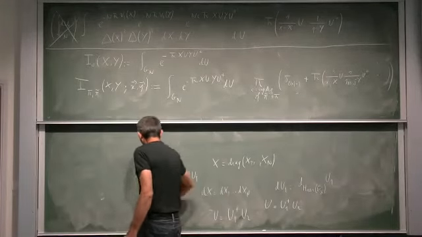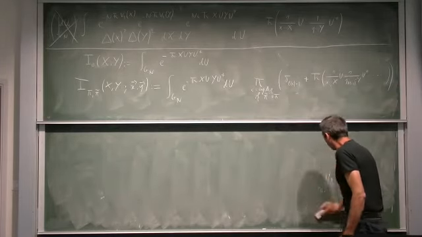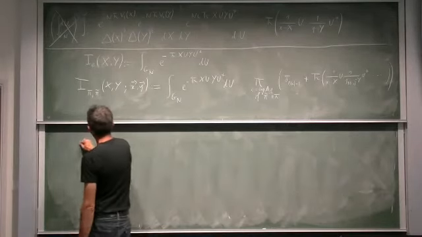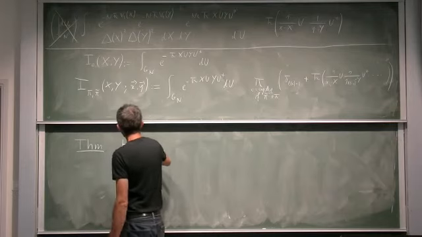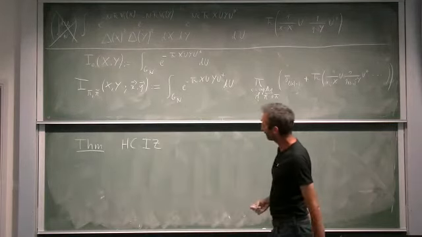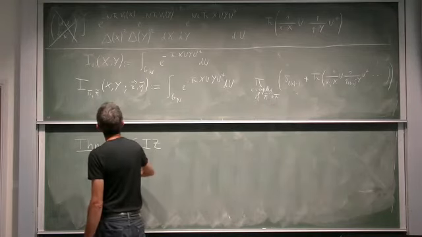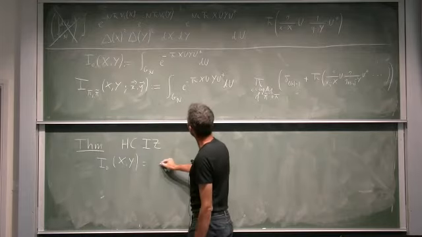And now the theorems. So now the theorems. Well, probably many of you have already heard about the Harish-Chandra-Itzykson-Zuber formula. So theorem, and the first one is the Harish-Chandra-Itzykson-Zuber formula. And we just say that I0 of x, y is given by a very simple formula.